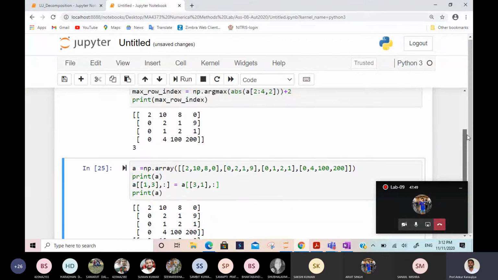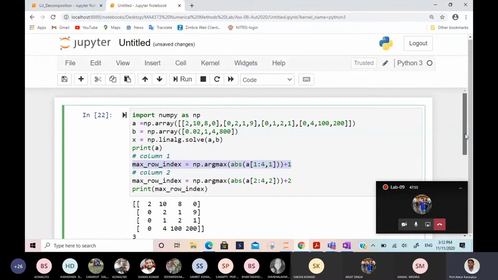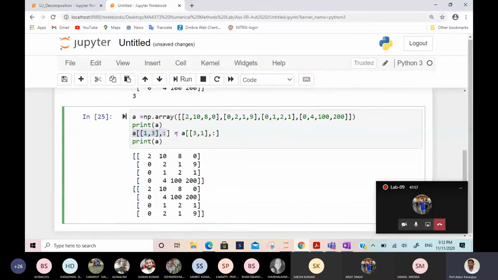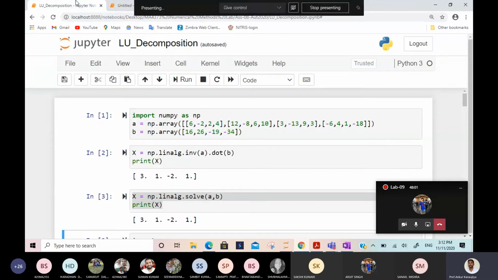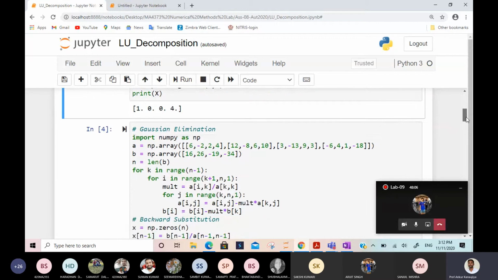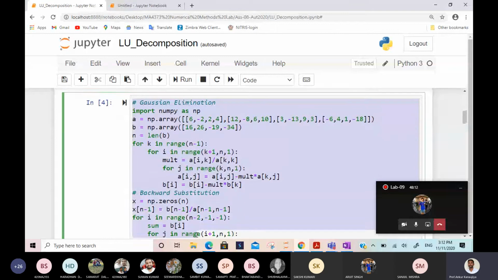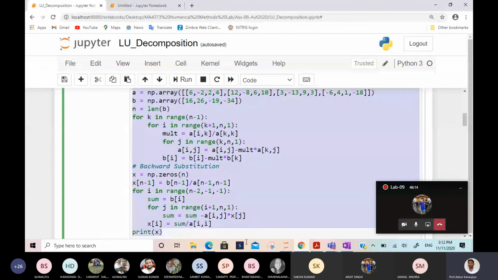So now we'll do the Gaussian elimination. We'll find the maximum row index, and then we'll interchange the row. Here I will just copy the previous code. This is the Gaussian elimination, and I will tell you where to write these 2 lines.